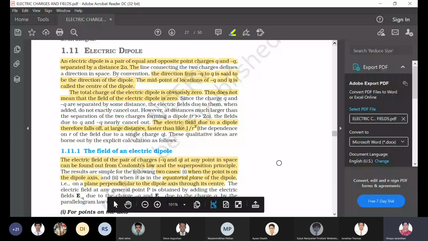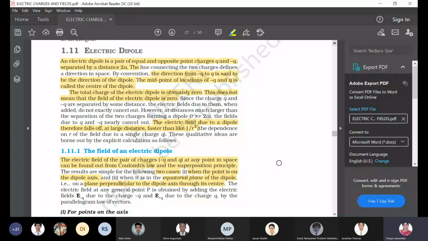Though the total charge of an electric dipole is zero, it creates an electric field, and the strength of the electric field keeps on decreasing as you are moving away from the electric dipole. Now you are going to find the strength of the electric field due to a dipole using two laws: one is Coulomb's law, the other one is the superposition principle.